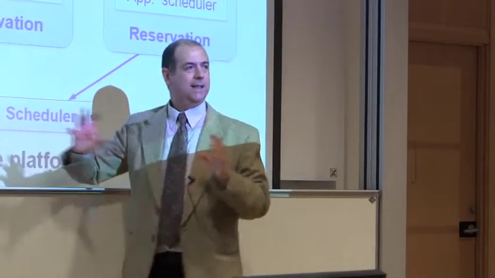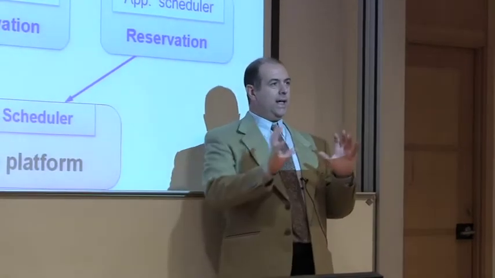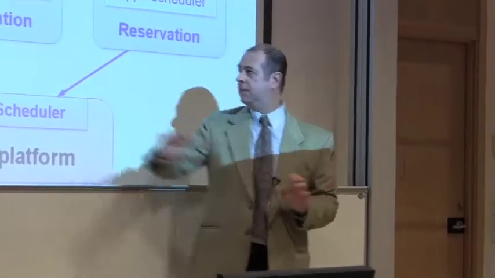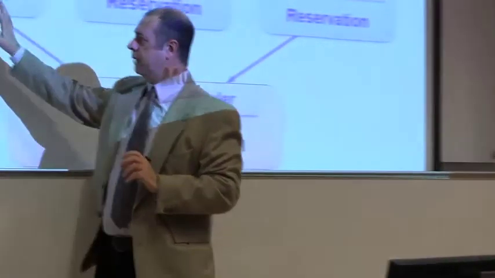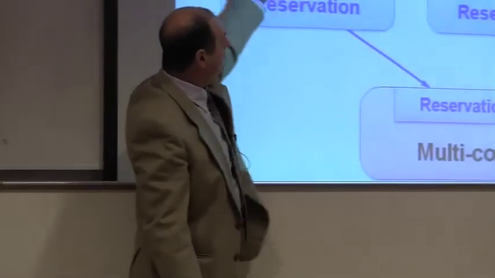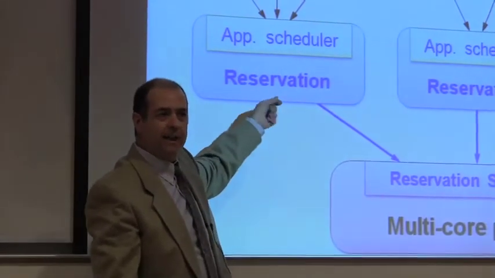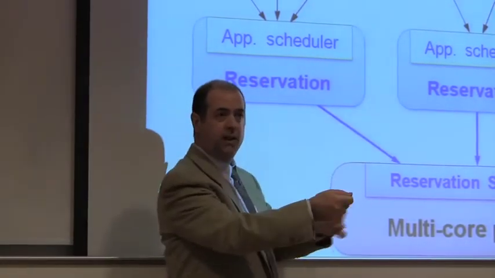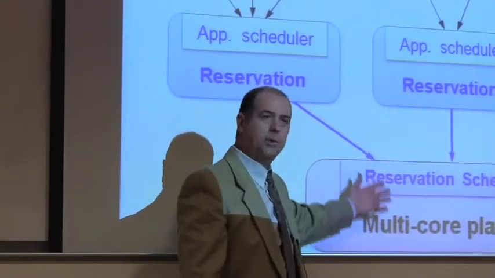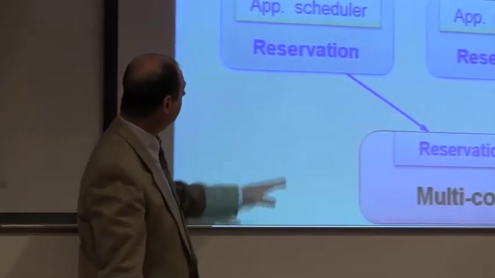But the idea is that since this platform is very powerful, you can build independent subsystems, and by using the reservation mechanism, run each application independently. And you have these alpha delta parameters in order to tune and allocate the fraction of the total processing power available to each subsystem.